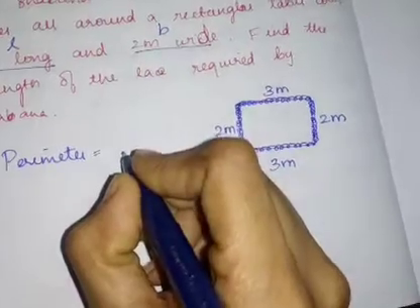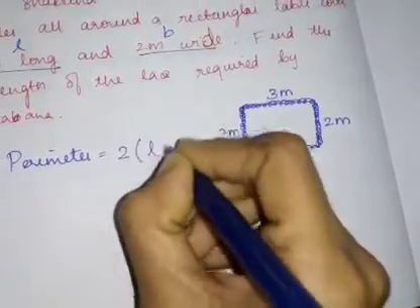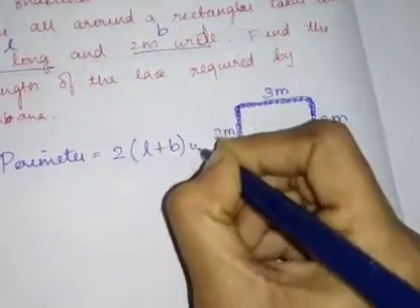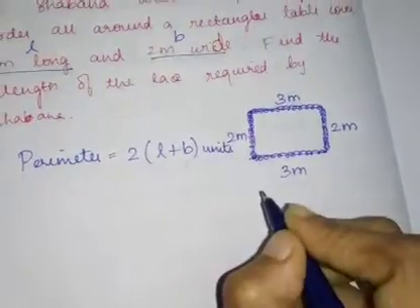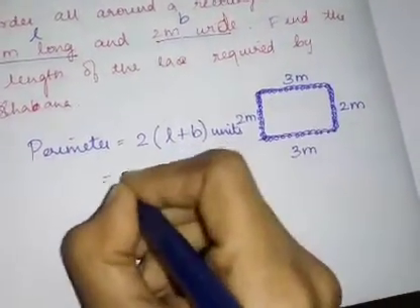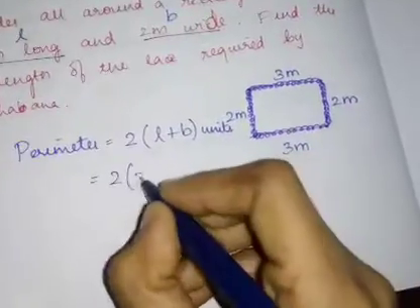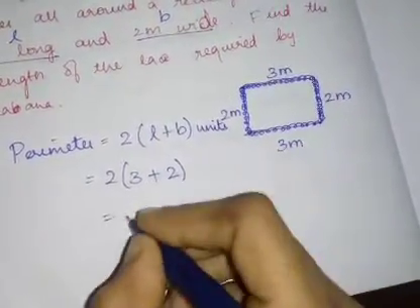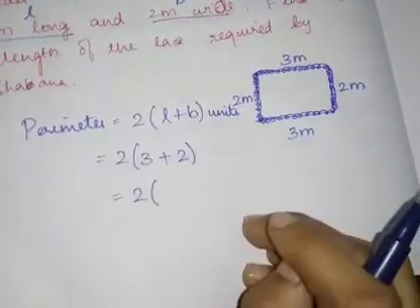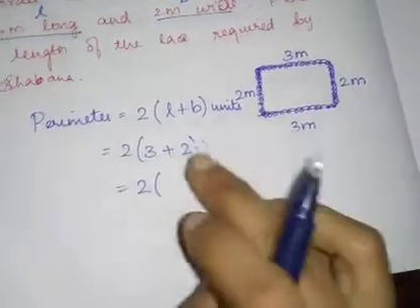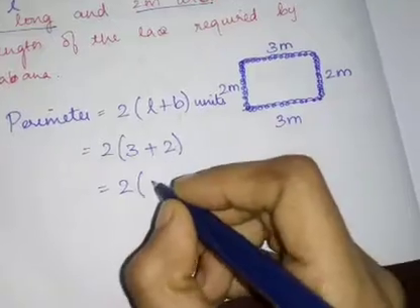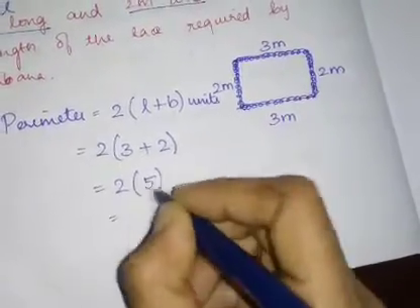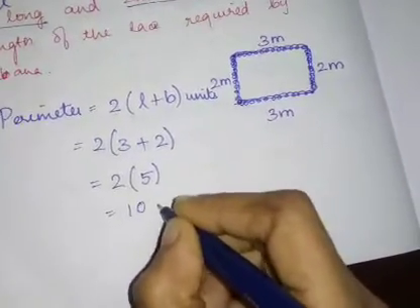What is the perimeter of a rectangle, children? 2 into L plus B units. So what is the length actually, children? 3. What is the breadth? 2. So 2 into the bracket, operation inside you should do first by the BODMAS rule. 3 plus 2, 5. 2 into 5 is 10 meter.